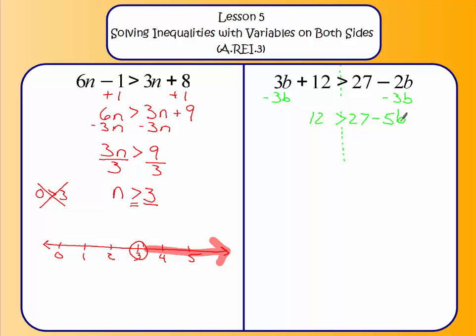So now I'd want to get the numbers, the constants, all on the left side. So let me subtract 27. So 12 minus 27 is going to be negative 15. Negative 15 is greater than negative 5b.